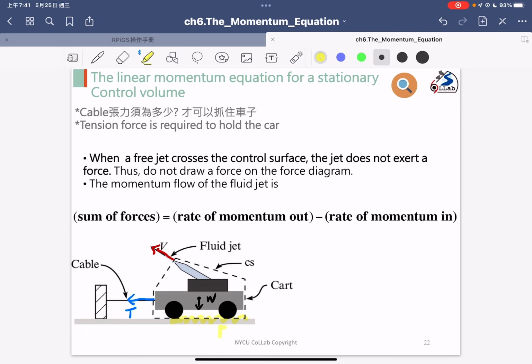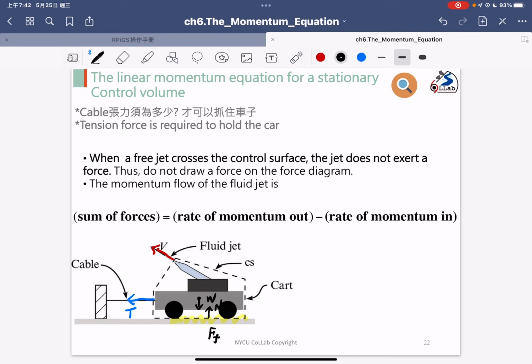The frictional force is proportional to the normal force, so we may have a normal force N.